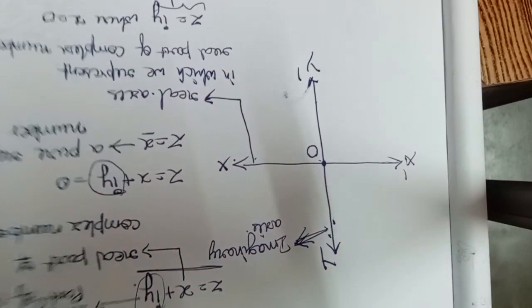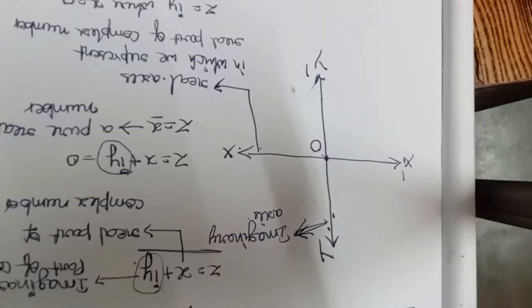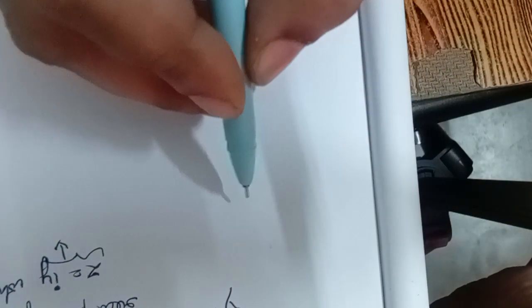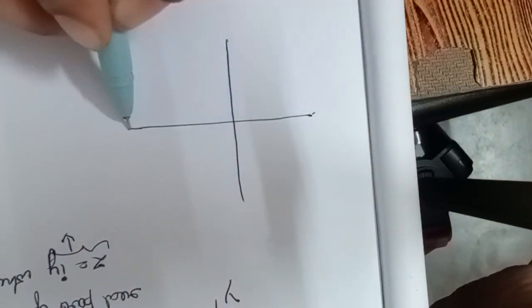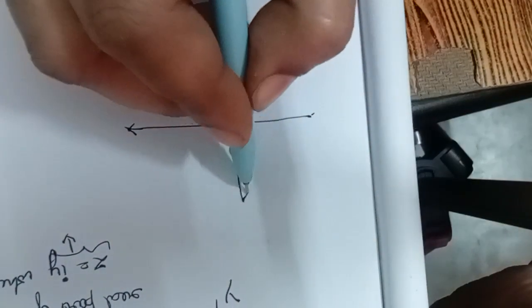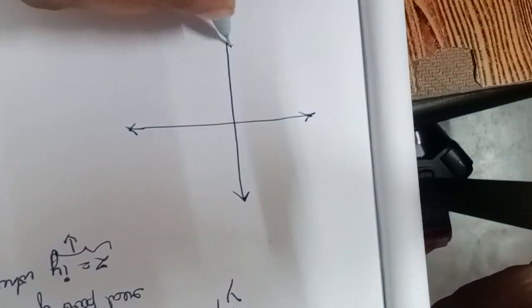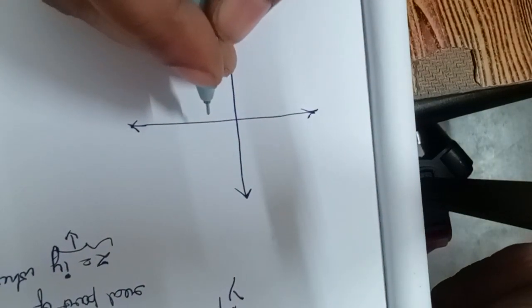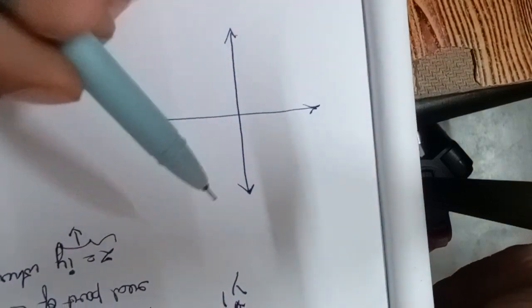Now if you observe, this geometrical representation can be drawn like this.